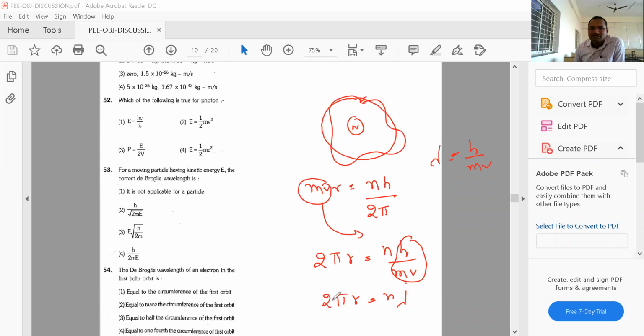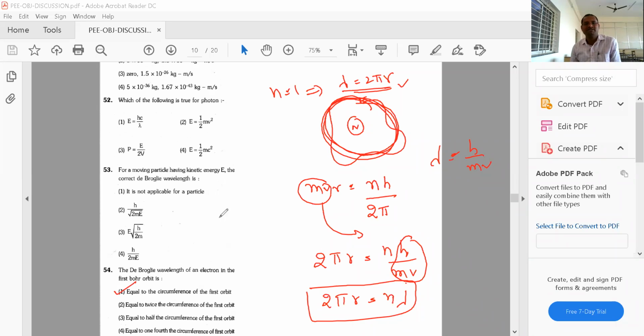They have given the de Broglie wavelength of electron in the first orbit, so keep n equal to 1. Lambda will become 2 pi r. Means the de Broglie wavelength becomes simply the circumference of that orbit. Equal to circumference of first orbit.